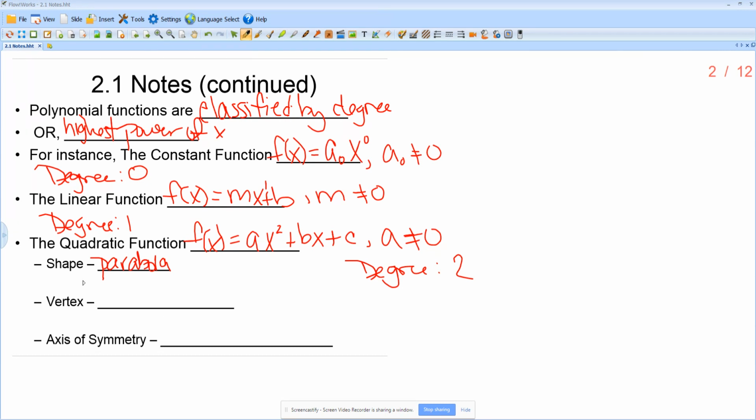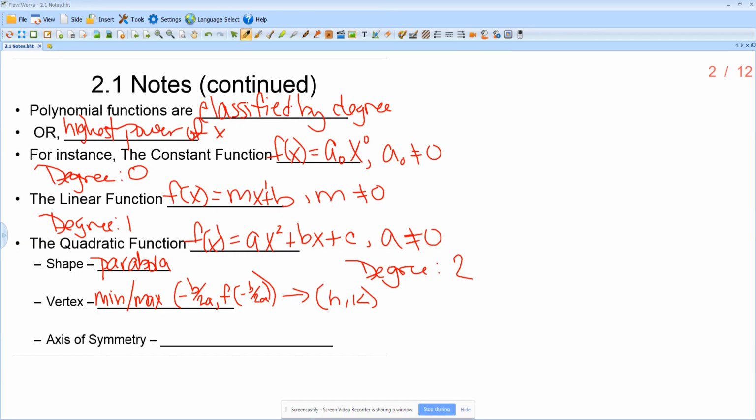The vertex of a quadratic function is always going to be the min or the max. And that's found by doing negative b over 2a, comma f of negative b over 2a. Although we don't use that as much, what we're going to use more is h comma k.